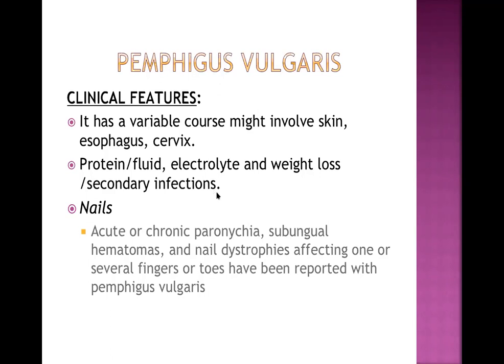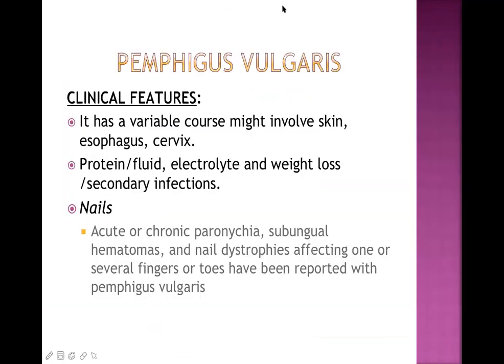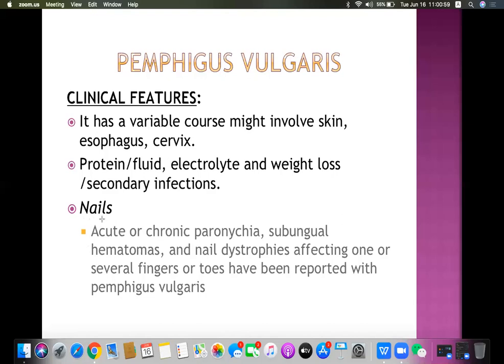Now there are some changes which occur in the nail. Okay, changes occur on the nail. Let me describe this first and we'll go to the picture. Okay, now what happens in the nail?